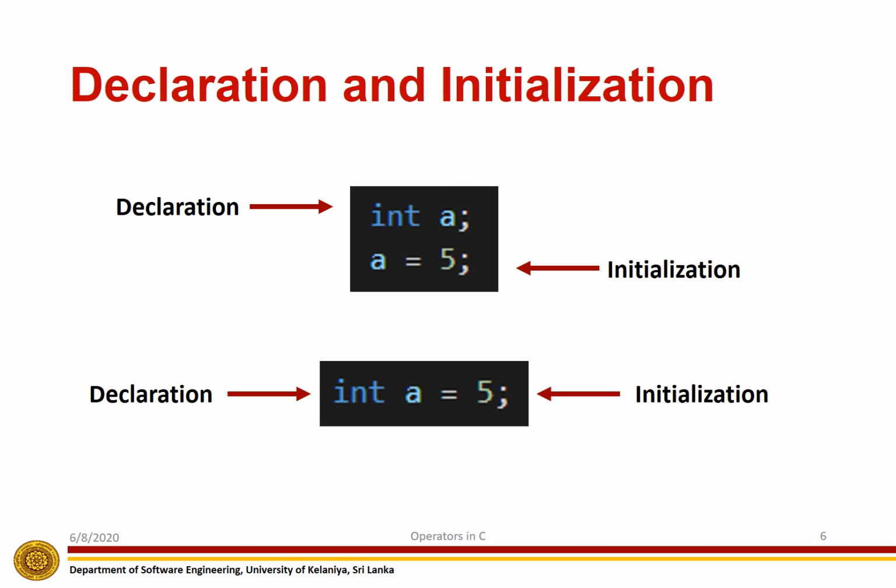So that is the initialization. There is another way to do this: the declaration and the initialization both in the same line. int a = 5. That is also the same as the above. You can use either of these two as you prefer in your programming.